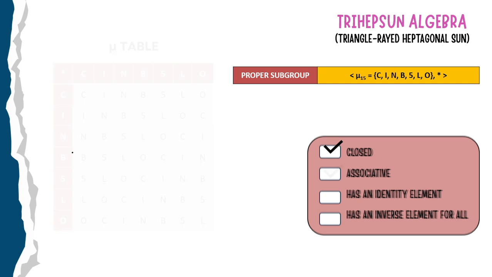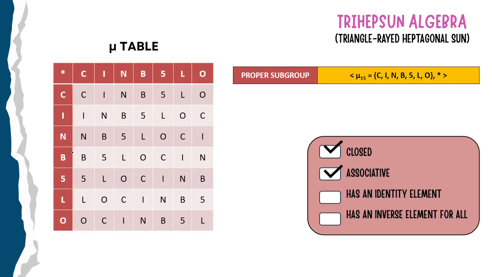As we can see, the flipped table's resulting elements are the same as the original table's resulting elements. Therefore, it is associative.